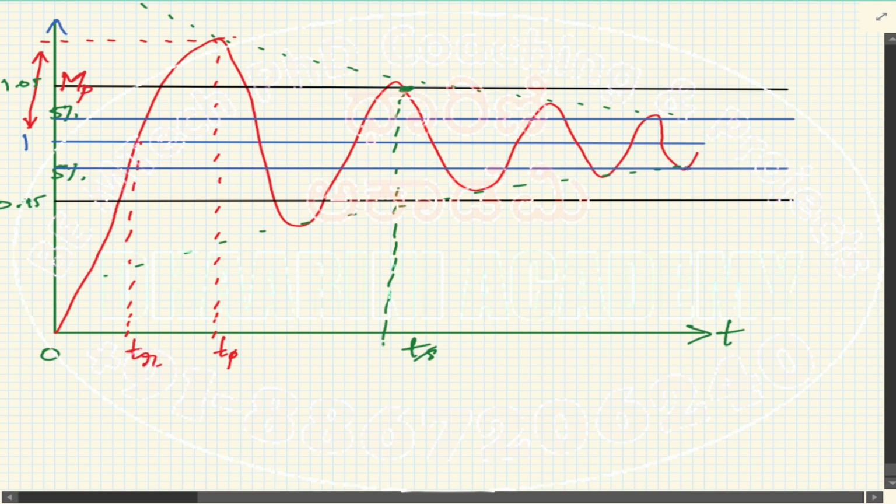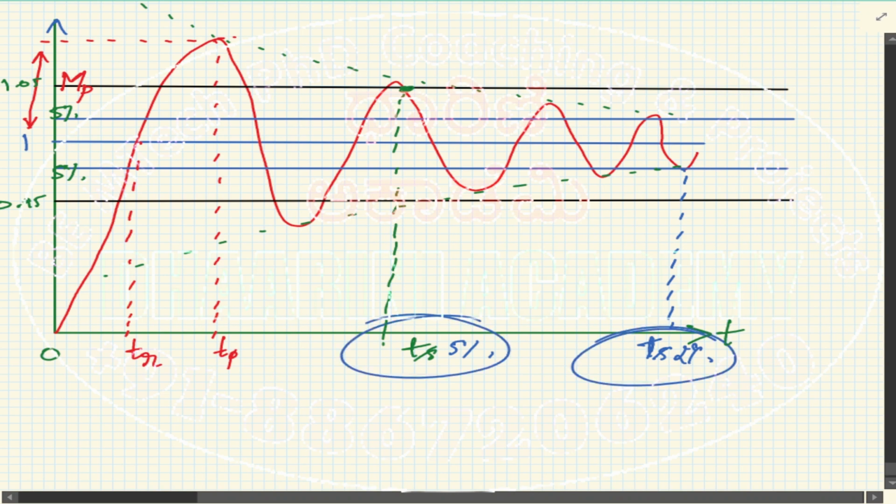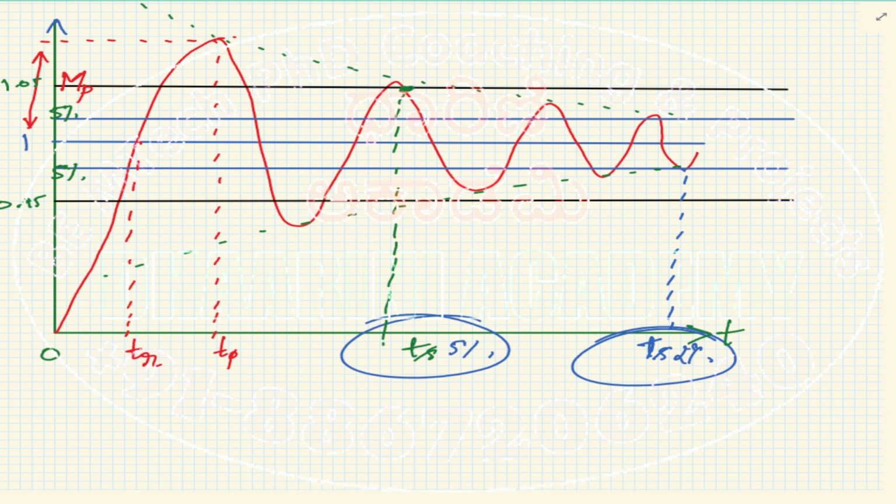Maybe somewhere here you reach the tolerance for 2%. So this is for 5%, and maybe this is the TS for 2%. So there is a difference depending upon what threshold you take, 5% or 2% or whatever. 5 and 2 are the standard values.